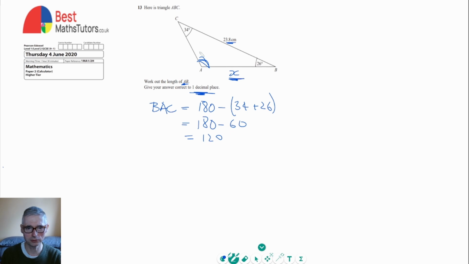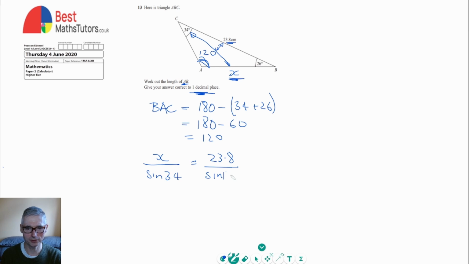So we've found this angle here, 120, and that's useful because we can now use the sine rule, as we have an opposite pair of angle and length. As the sine rule tells me, X over sine of its opposite angle, 34, is equal to 23.8 over the sine of its opposite angle.